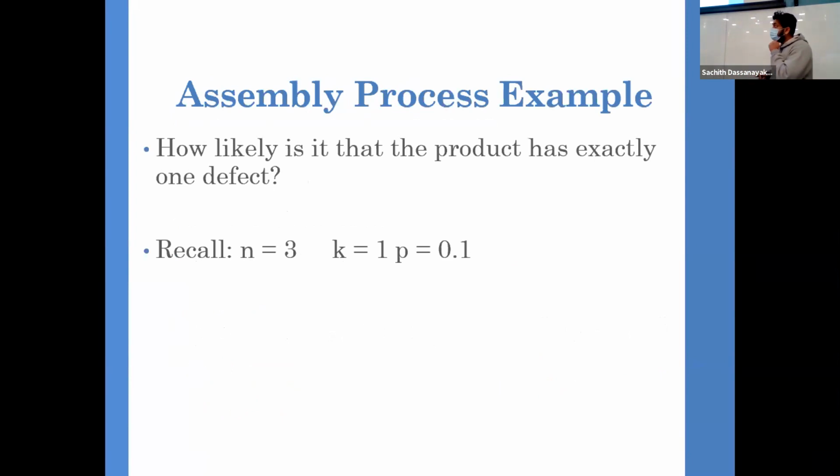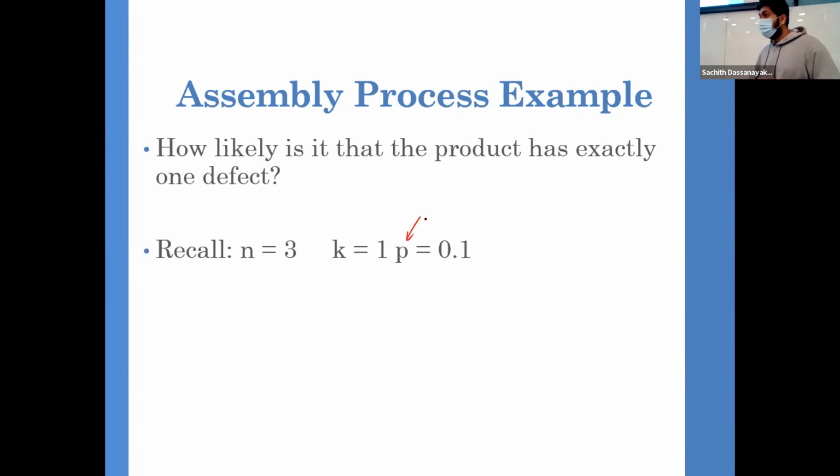Check the previous example. I think you may remember that we had an assembly process. We had a number of defective problems, right? So the probability of a defective item is 0.1. So number of defective is my success.